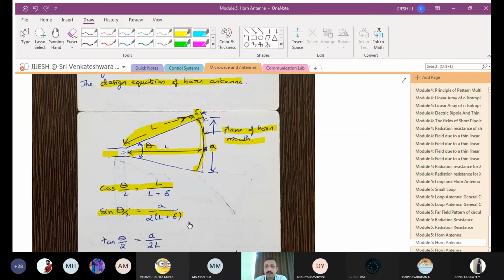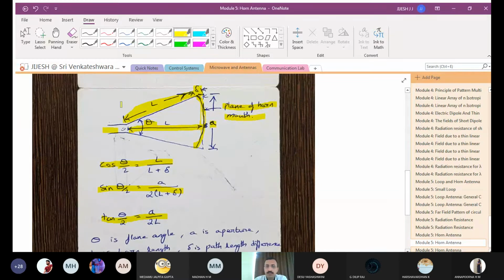Now you have cos of theta by 2 as well as sine of theta by 2. From these two equations, you know how to write tan theta by 2. So tan theta by 2 will be A divided by 2L.